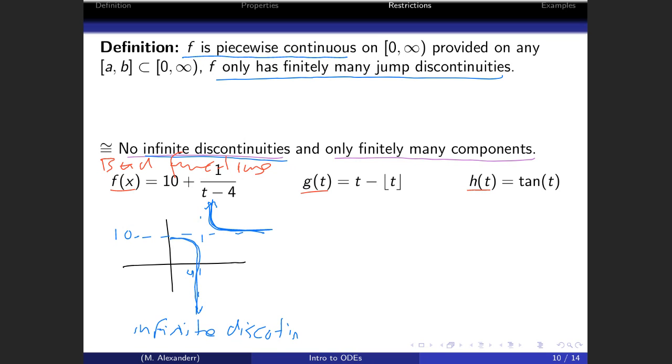Now for the second function, this is a function that you might not have seen previously. This is called the floor function, the thing with the square brackets. The idea of this floor function is roughly like this. You break it up into pieces, and the graph looks like this.